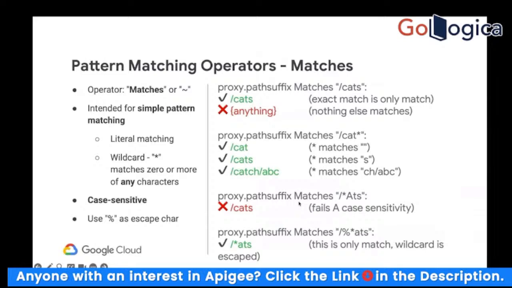And if you want to treat star as a star character, not as a wildcard, because by default Apigee treats star as a wildcard, then you can use percent asterisk. Percent is the escape character. So it will match with star ATS like this, and it will not match with cats or something. It will treat star as a star character, so you can use percent as an escape.